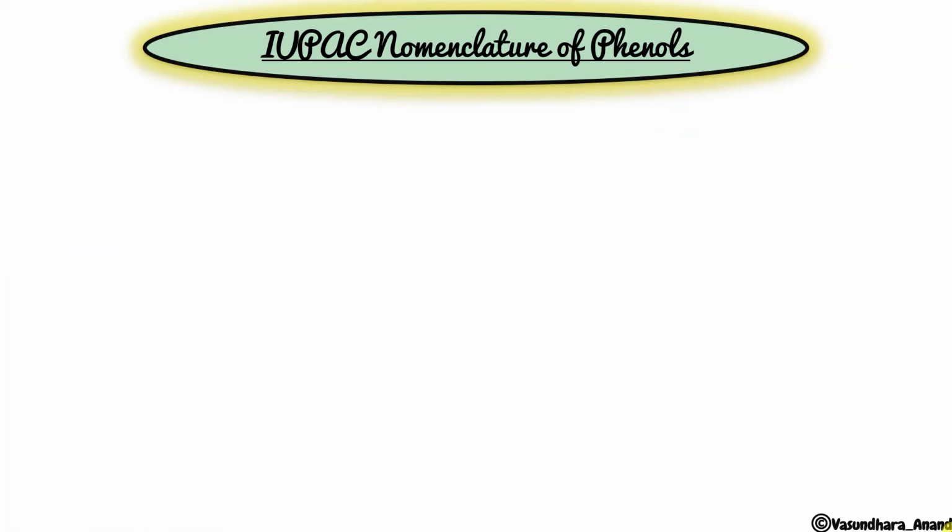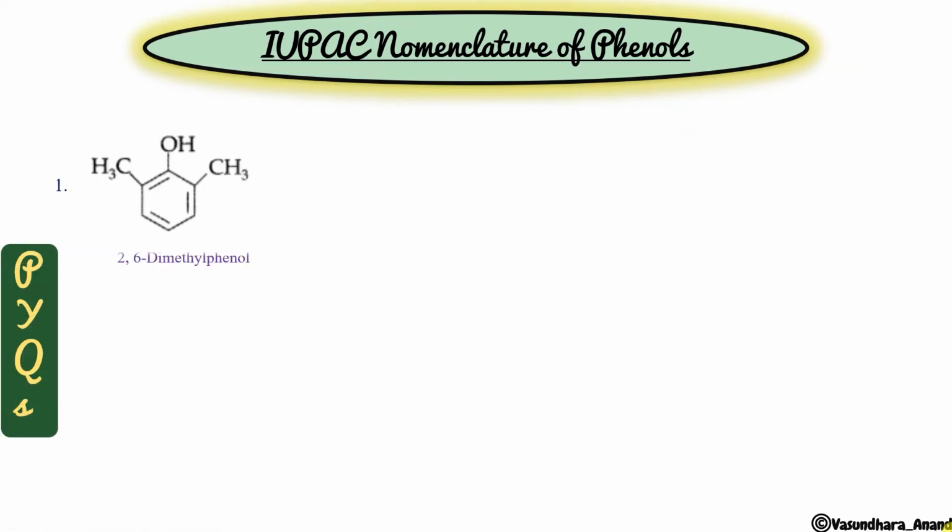Now next some other questions. This is phenol, and at the 2 position and at the 6 position there is a methyl group substituted, so we can say 2,6-dimethylphenol. Another one, now there are 2 functional groups. One is OCH3, you can say alkoxy, and another is phenol.